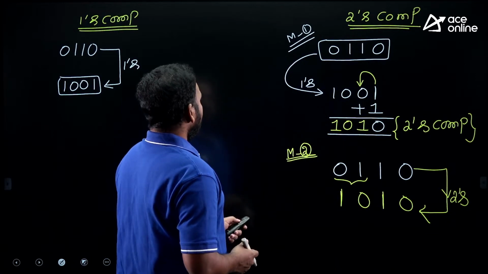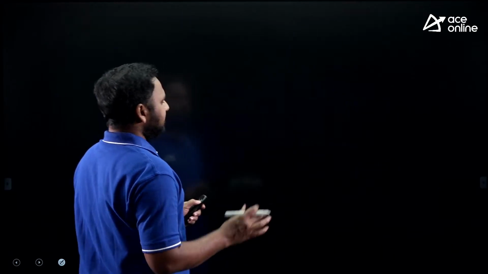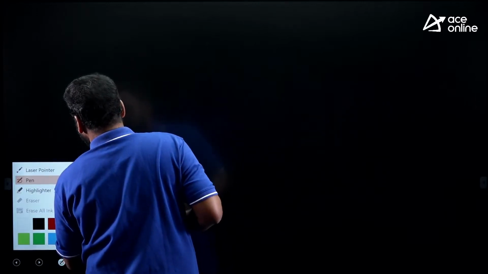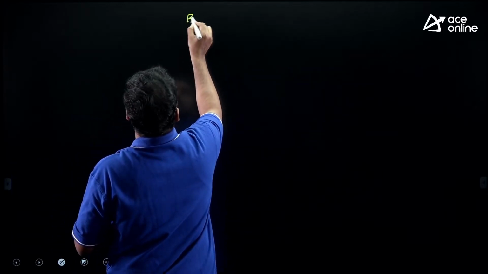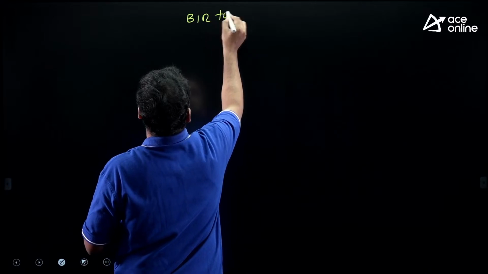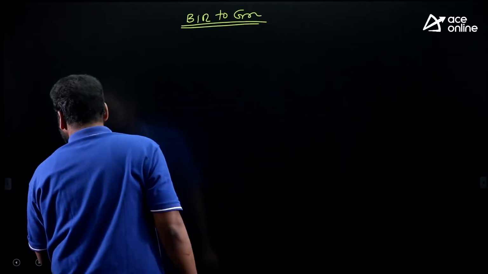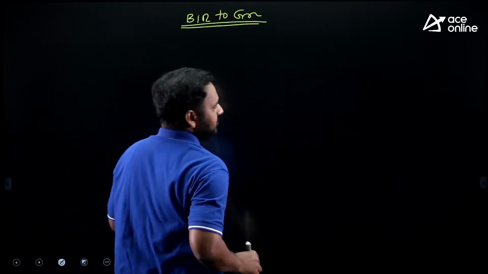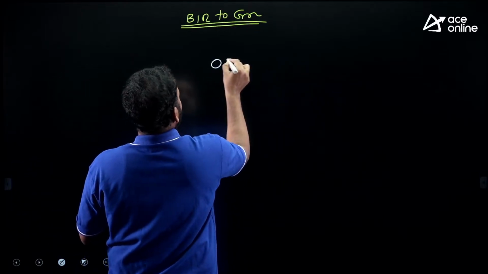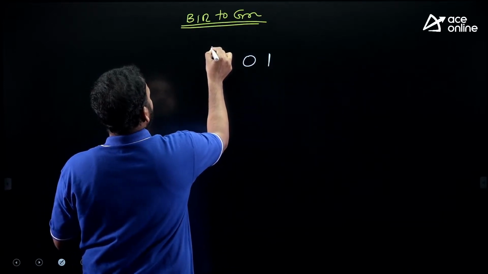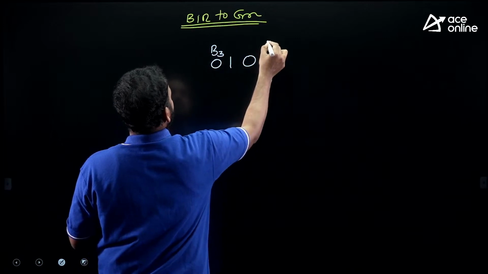Now, gray conversion. I will give you one basic idea about binary to gray and gray to binary conversion also. See, binary to gray conversion. Let me write an example number, 0101. This is the MSB in binary. You take it as B3, and this is B0.